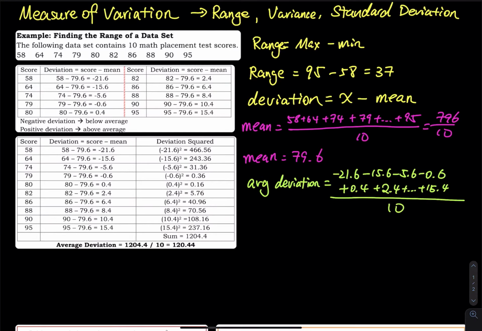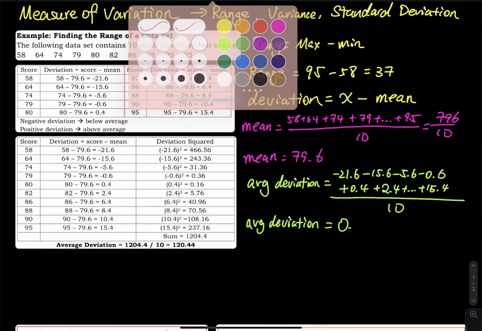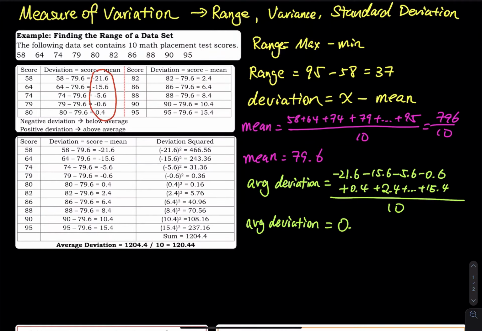So the average deviation is equal to 0. Why is this 0? Because the sum is equal to 0. If you add up all this data, you will get a sum equal to 0, and 0 divided by 10 is equal to 0. All right, so the average deviation is 0.